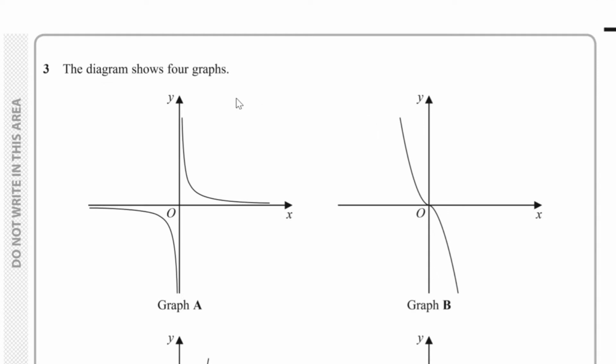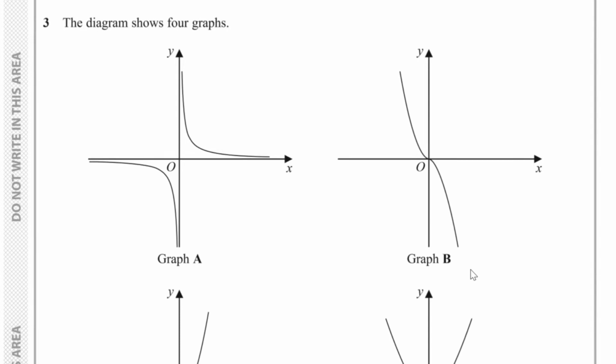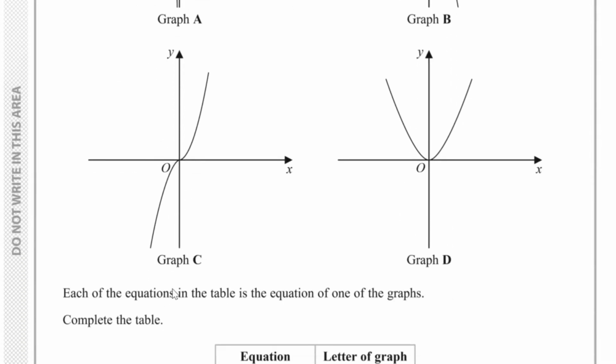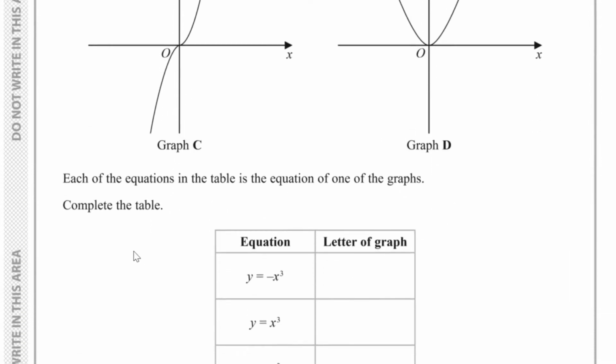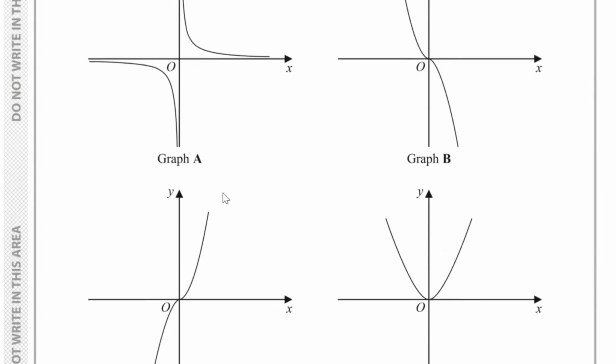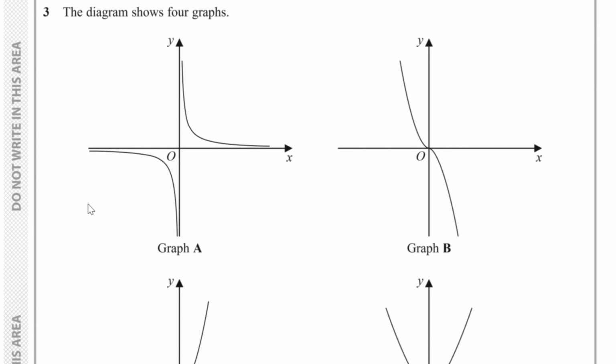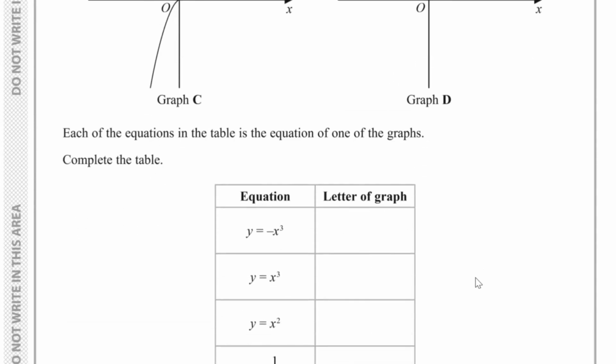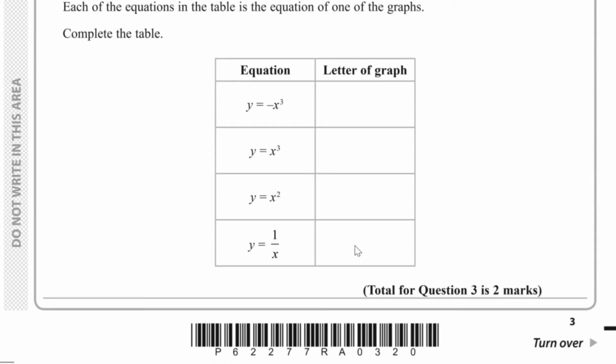Question number 3. The diagram shows 4 graphs. We've got graph A, graph B, graph C and graph D. Each of the equations in the table is the equation of one of the graphs. We have to complete the table. If we take a look at graph A, this is the graph of y equals 1 over x.